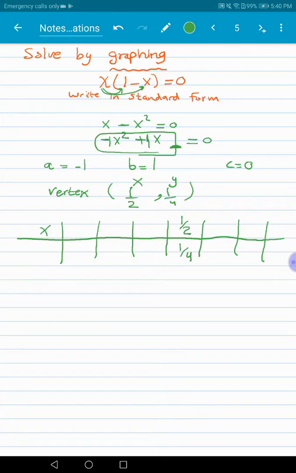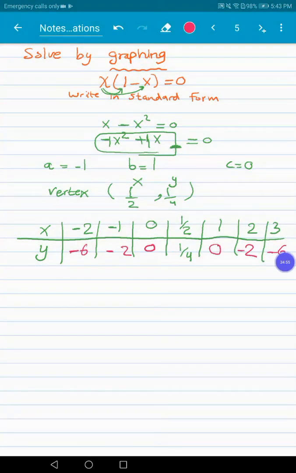Choose numbers greater than x directly: 1, 2, and 3. 3 numbers below it: 0, minus 1, minus 2. Now we need to find y. I'll give you the answer directly.